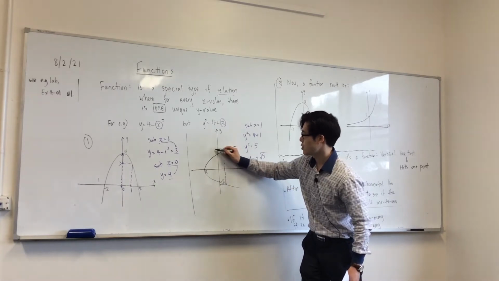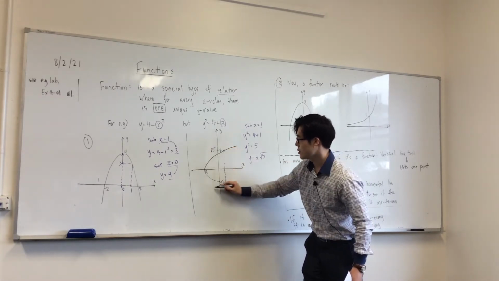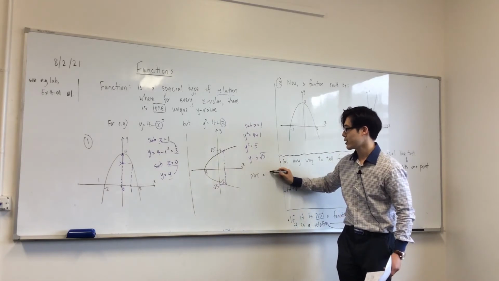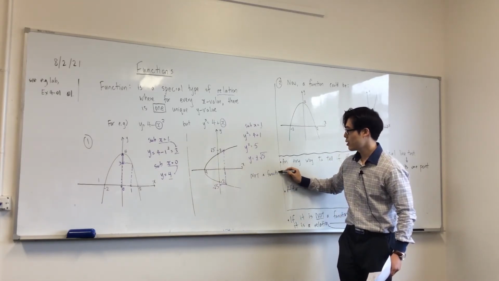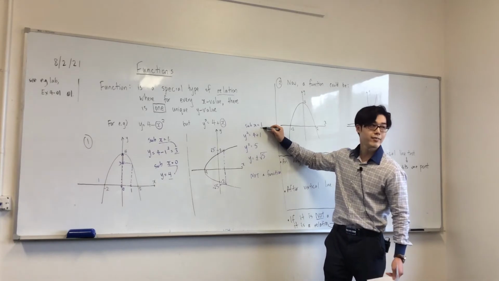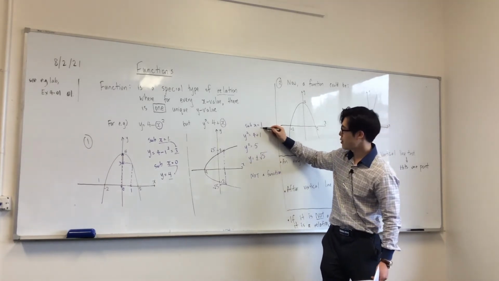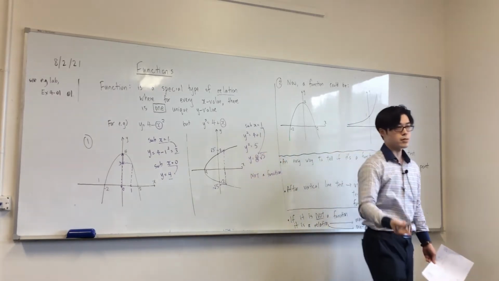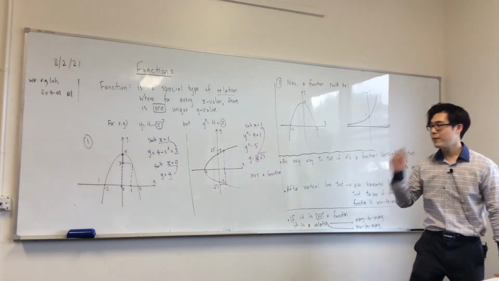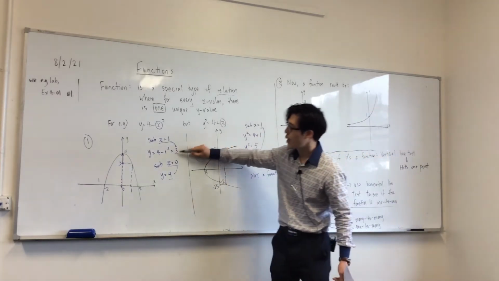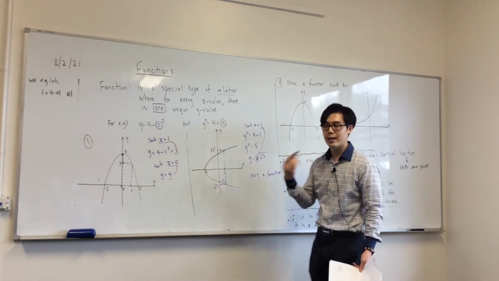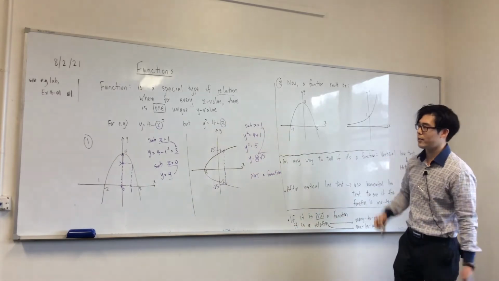So this is your plus root 5. This is your minus root 5. This is an example of not a function because when you substitute an x value, what do I get? 2 different numbers. You can't have that. So a function is when you strictly have one unique y value when you substitute an x value. So you can't have more than one y value.